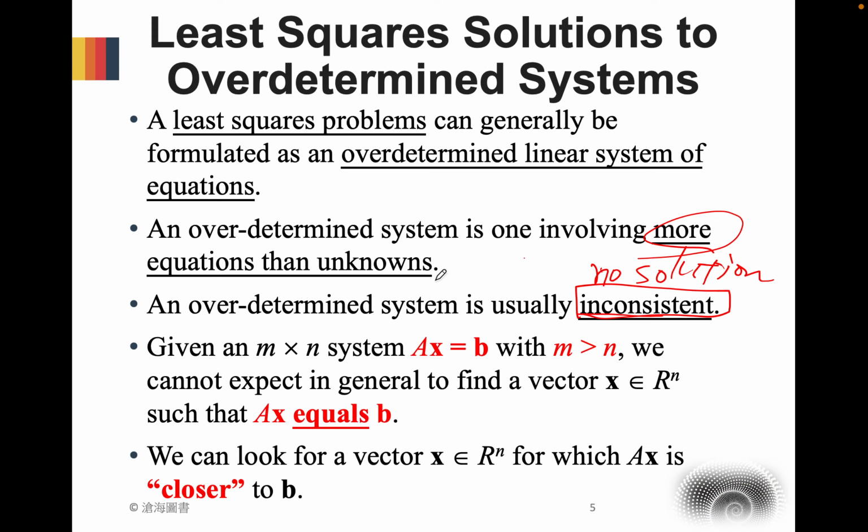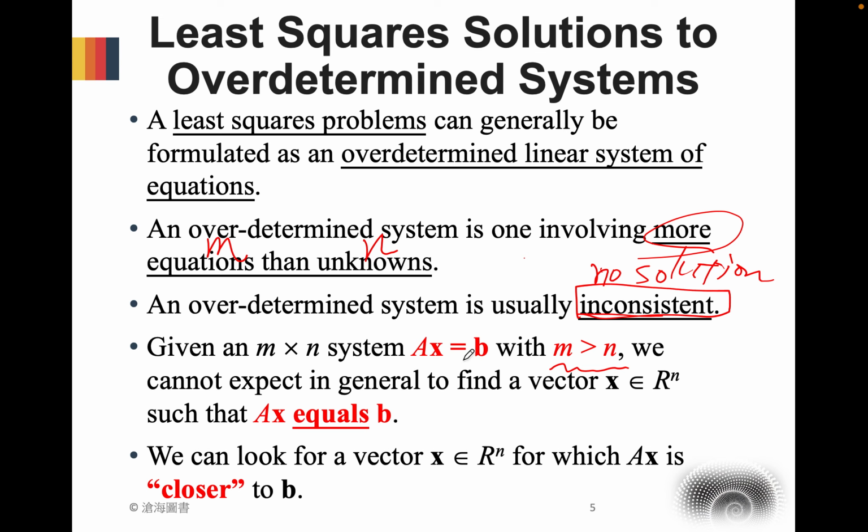Now if we have a linear system Ax equals b, where the matrix A is an m by n matrix with m larger than n, that means we have m equations and n unknowns.